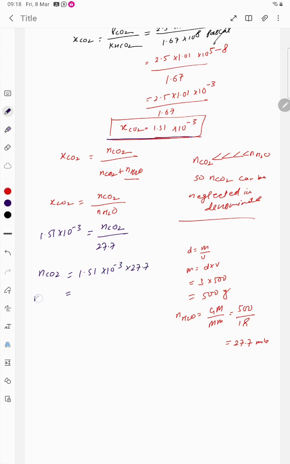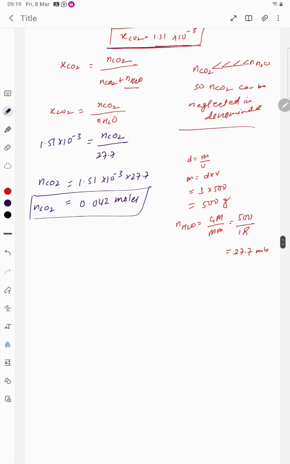If you solve, n_CO2 comes to 0.042 moles.